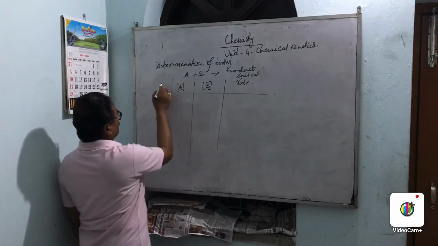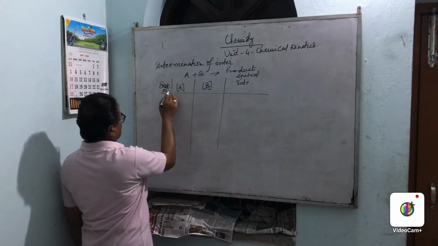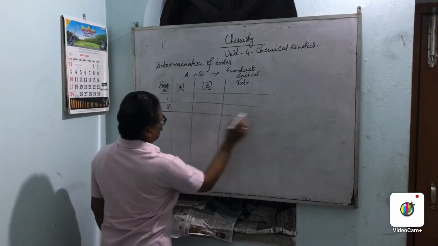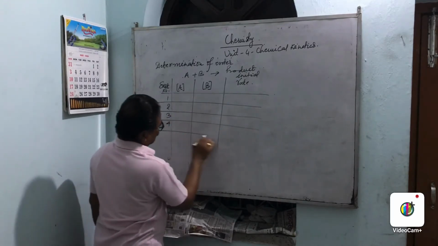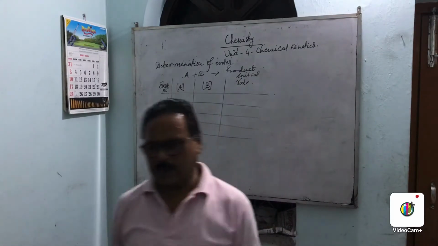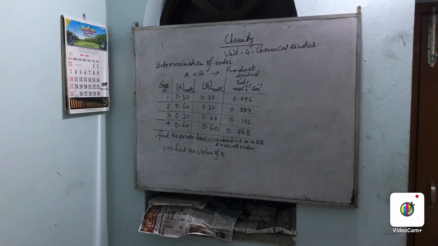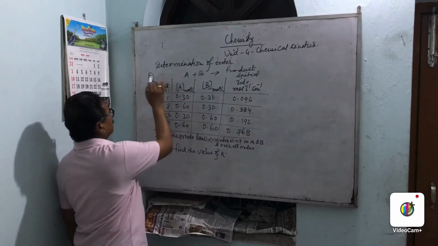These are the serial numbers, experiment numbers 1, 2, 3 and 4. I will write the question here, so it will take some time. So let us see the question; this is called the initial rate determination method.